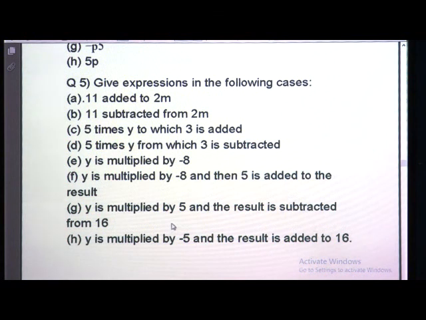Y is multiplied by 5 and then result is subtracted from 16. So y is multiplied by 5, it means 5y minus 16. Then y is multiplied by minus 5 and the result is added to 16. It means minus 5y plus 16.